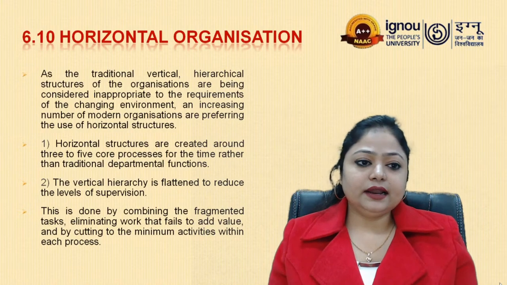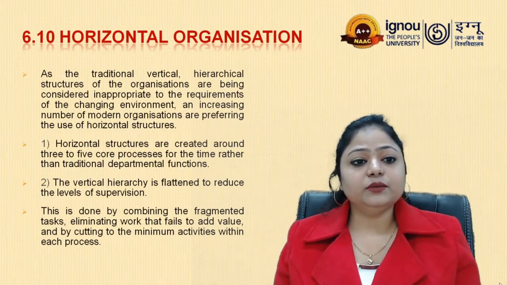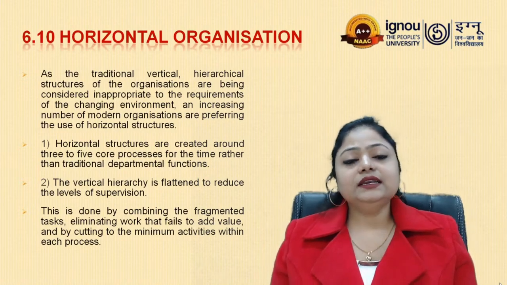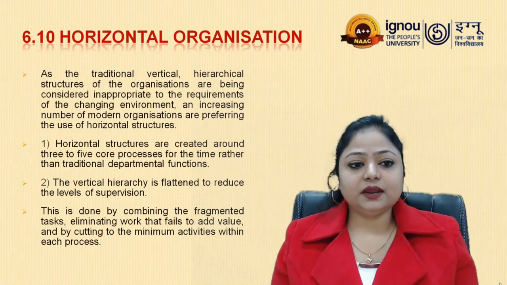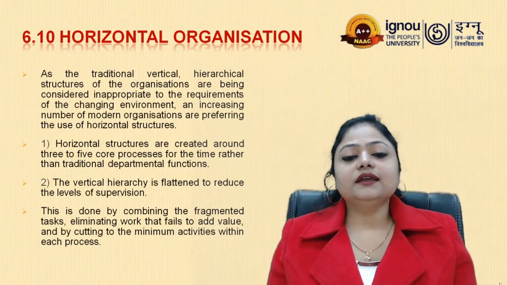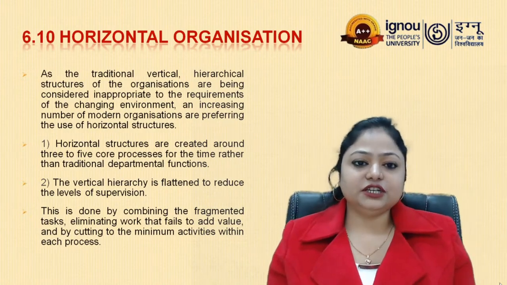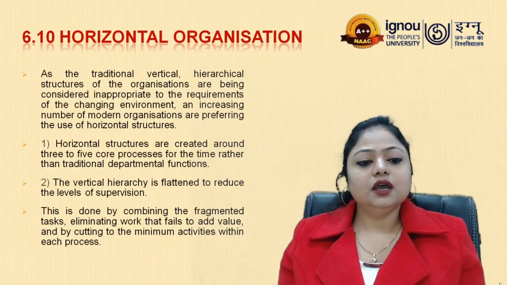Traditional vertical and hierarchical structures of the organization are being considered inappropriate to the requirements of the changing environment, and an increasing number of modern organizations are preferring the use of horizontal structures. These are created around three to five core processes rather than traditional departmental functions.